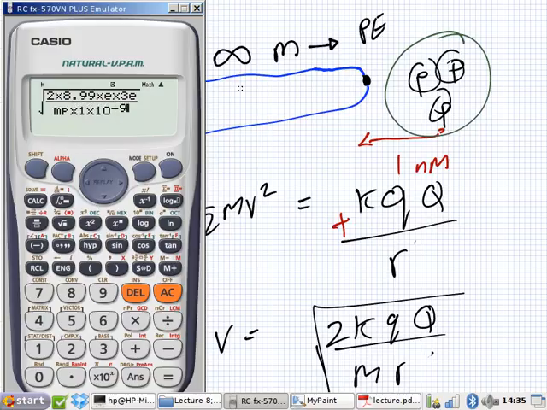1 nanometer. So I guess this would be probably pretty fast, isn't it? What? That's puny speed. Oh, okay, that's better. Oh, where's it gone? I lost it.